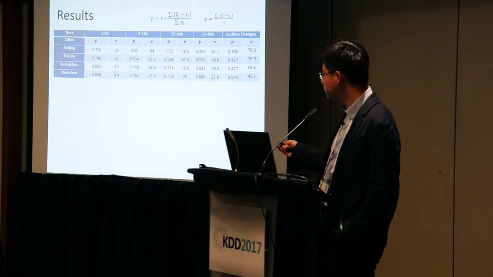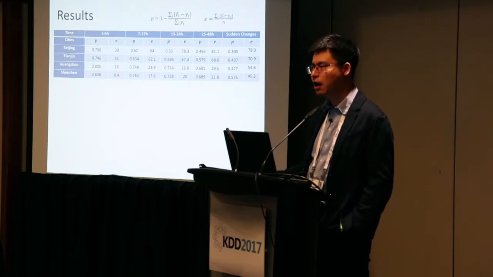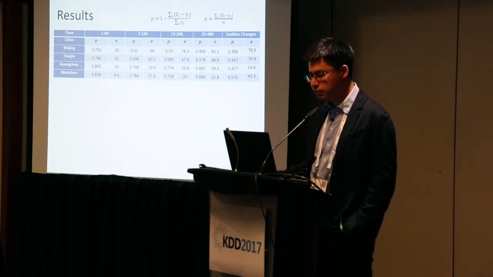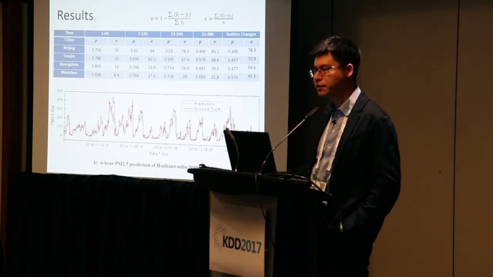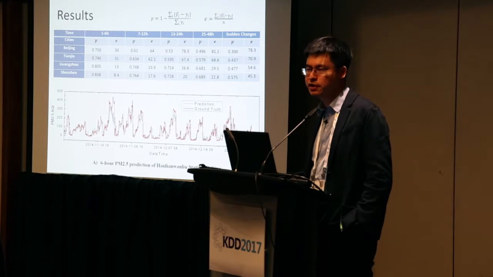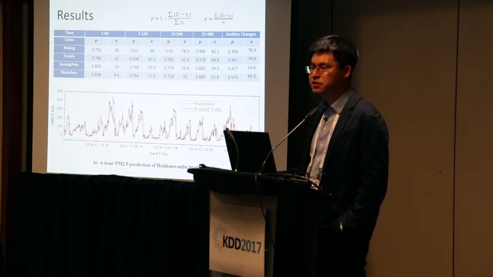In terms of the accuracy, in Beijing, it can achieve 75% accurate in the first 6 hours, and for the next 48 hours, about 50% accurate. You might think 50% accurate is not accurate enough, but it's pretty high. Because if you know the accuracy for weather forecast, then you will think this one is really high.